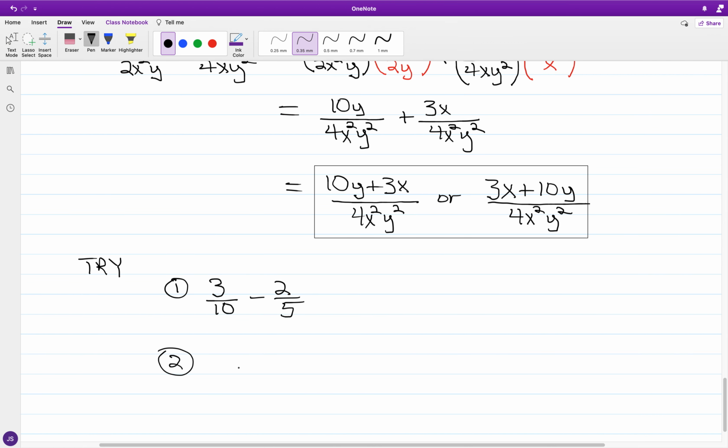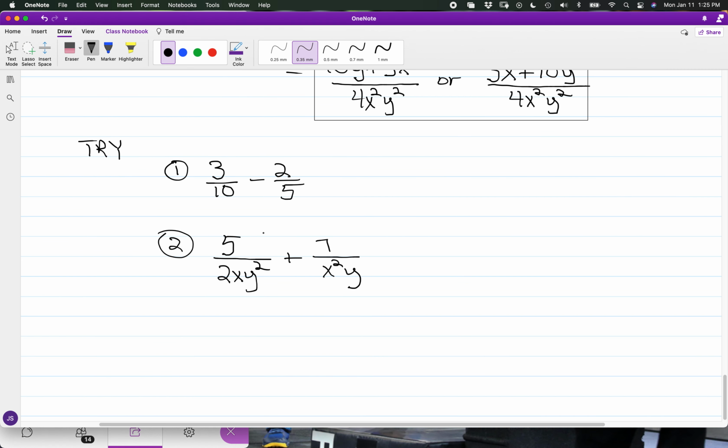Let's say we have for the second, let's say that we have 5 over 2x y squared plus 7 all over x squared y. Okay, so for the next few moments, let's see what we get for the difference in the first and the sum in the second.